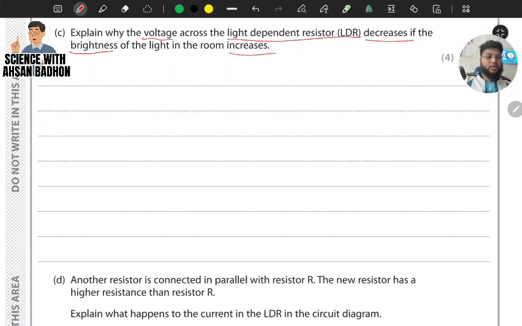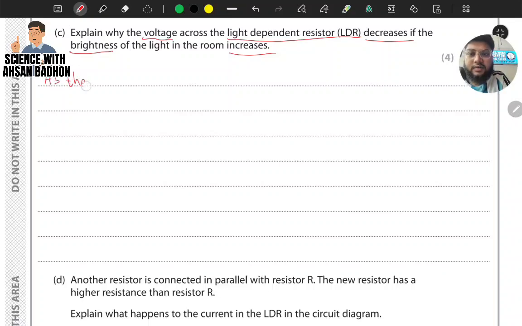Okay. So we know how an LDR works. When the brightness of the light in the room increases, the resistance of the LDR decreases. So the current increases. So let's write it down first.